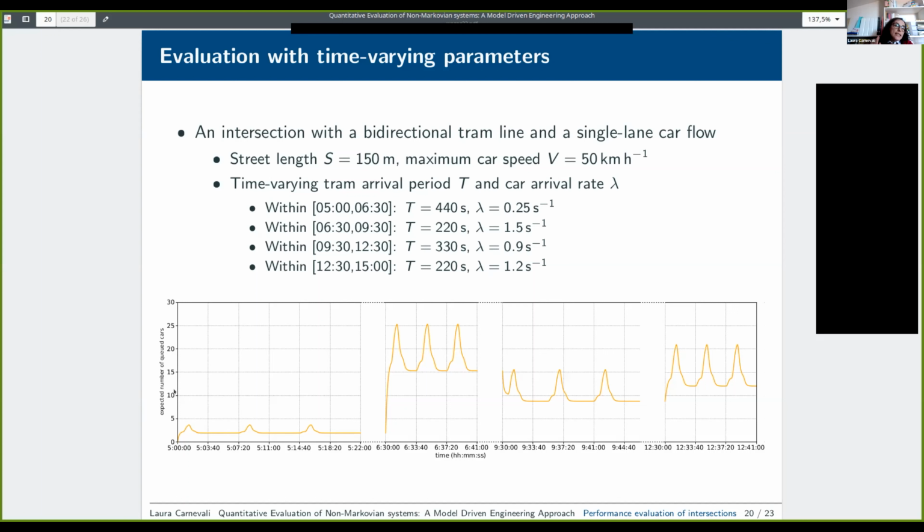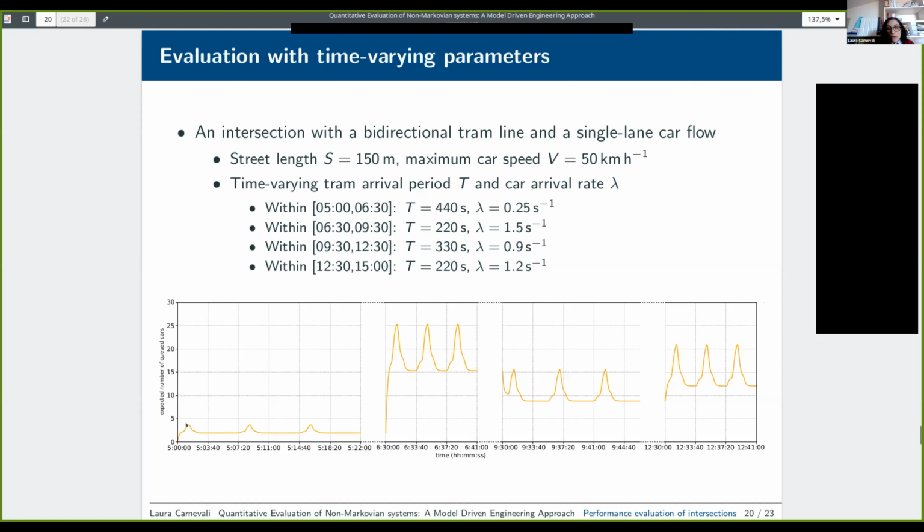So for instance, in this case here, we consider the span of 10 hours during the day, and we consider variable parameters for the tram arrival rate and for the tram arrival period and for the car arrival rate. So we assume that the queue is empty, that the number of queued cars is 0 at the initial time, which is 5 o'clock in the morning.